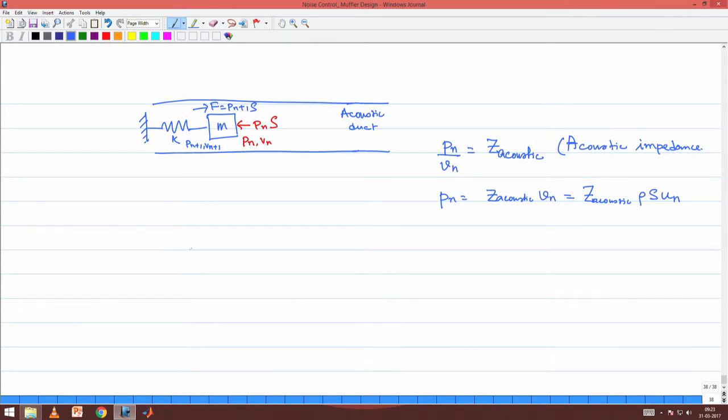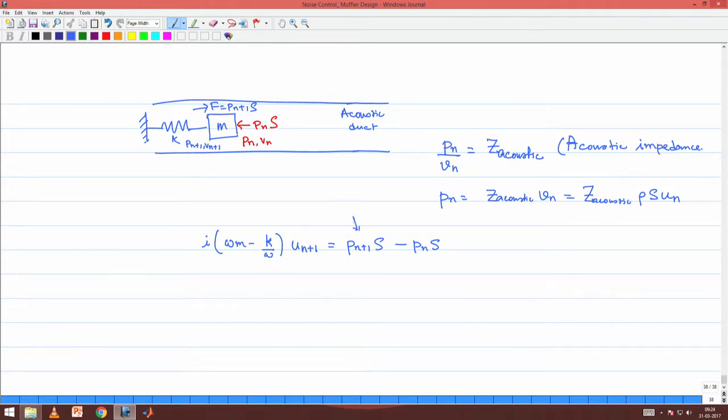Now, if we look back at the equations of motion for the spring mass system, I omega m minus k by omega into u n plus 1 must be equal to P n plus 1 into S, which is the structural force, minus P n into S, which is the acoustic force.